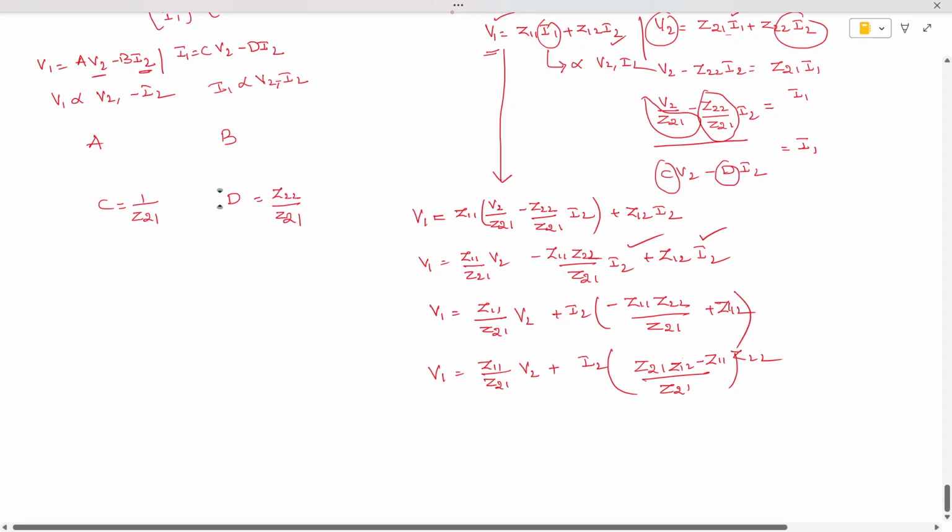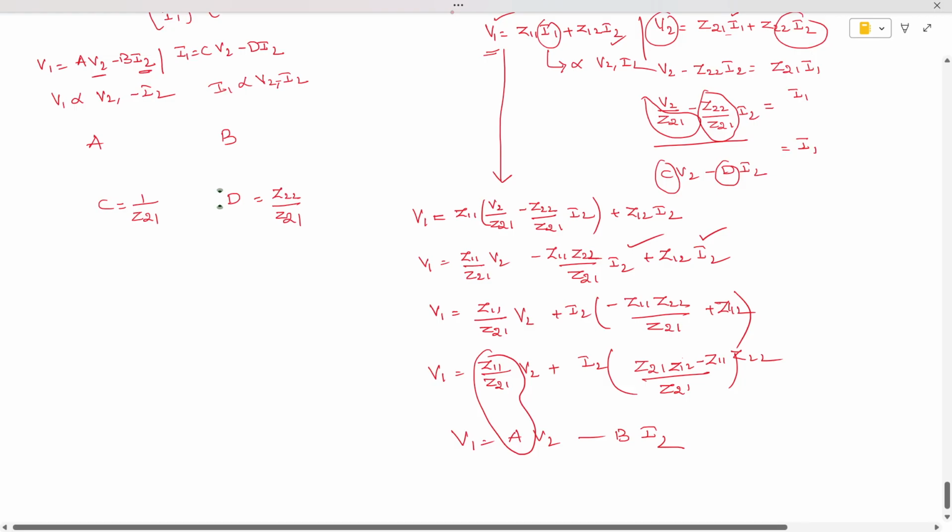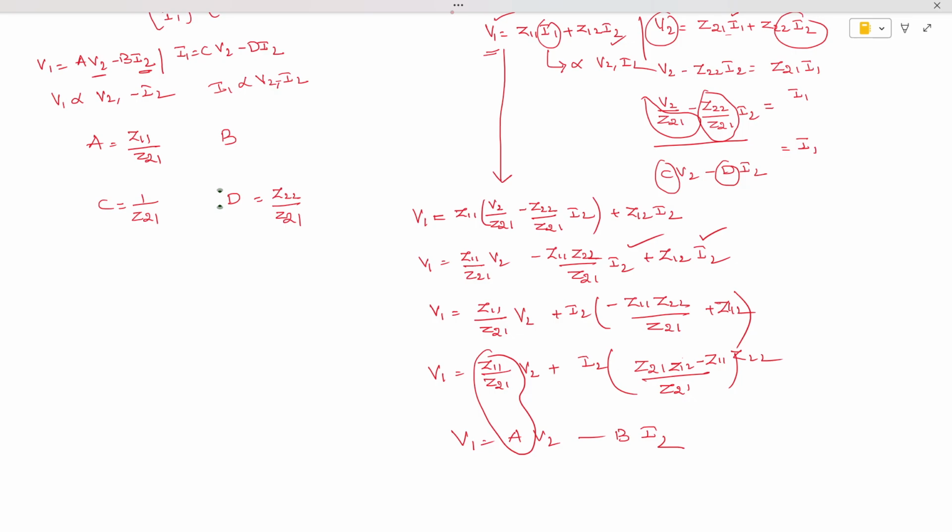When you compare with the expression V1 is equal to AV2 minus B into I2, the value of A is equal to Z11 divided by Z21. The value of B is equal to Z11 Z22 minus Z21 Z12 divided by Z21. So these are the values of the ABCD parameters in terms of Z parameters.